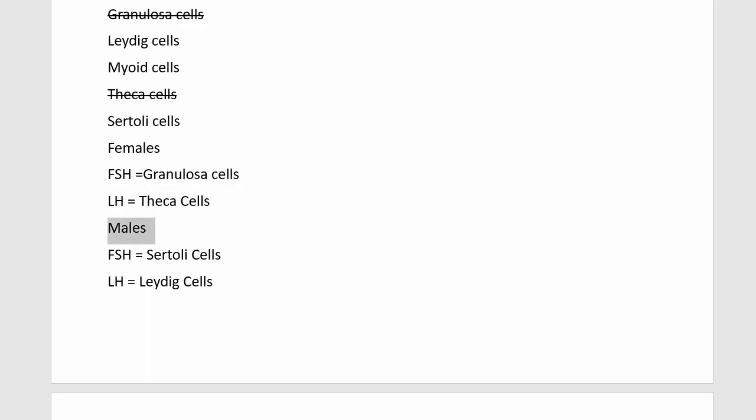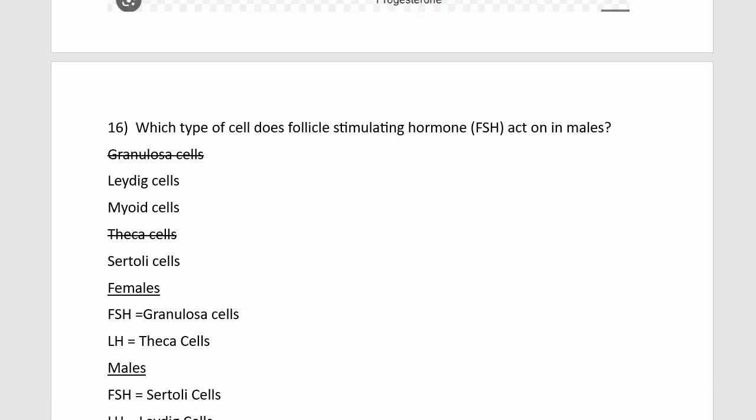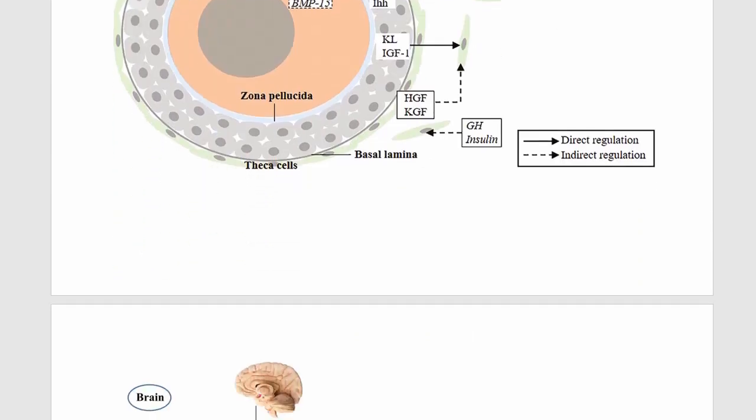And if you're making notes as you go along, this will be a good one to jot down. Which type of cell does follicle stimulating hormone act on in males? Well, it is the Sertoli cells.